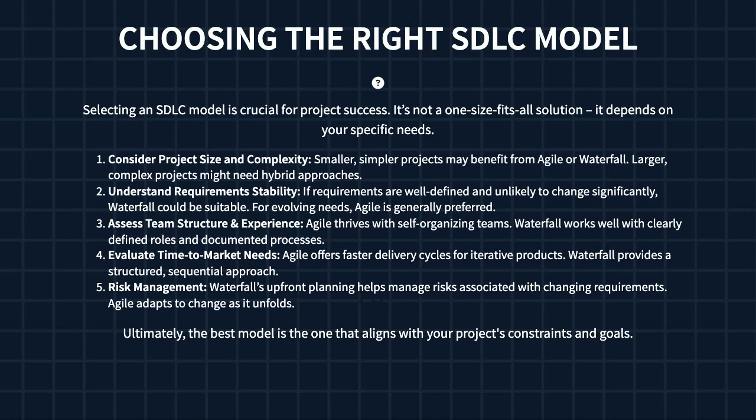If they're pretty locked down, waterfall could work well. But if things are likely to change, agile is usually the better choice. Then look at your team. Do they work best when they can figure things out on their own? And finally, think about how quickly you need to get this product or feature to market. Agile's faster cycles are great for iterative products.